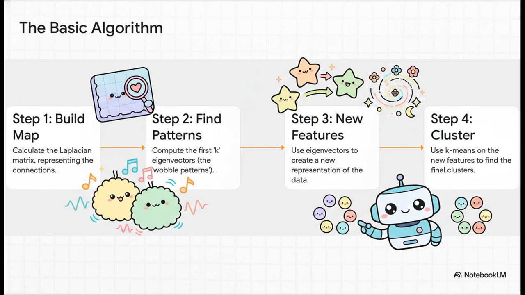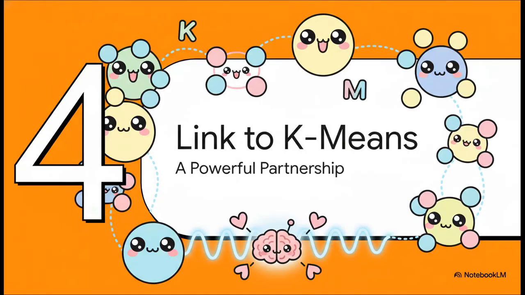Now, step 3 is where the real magic happens. You use those eigenvectors to create a brand new way of looking at your data. And finally, step 4, you take this new transformed data and just feed it into a simple clustering method like k-means to find your final groups. Easy as that.